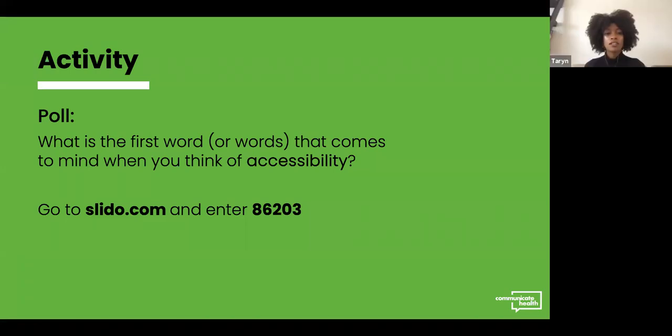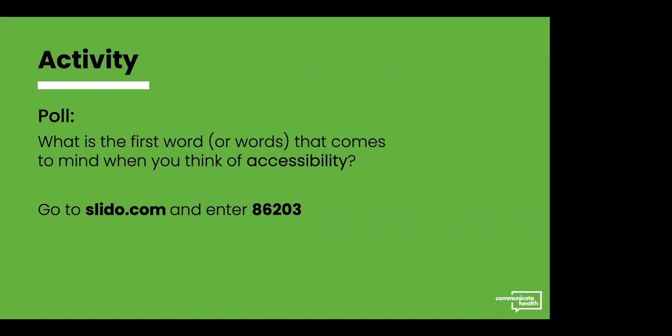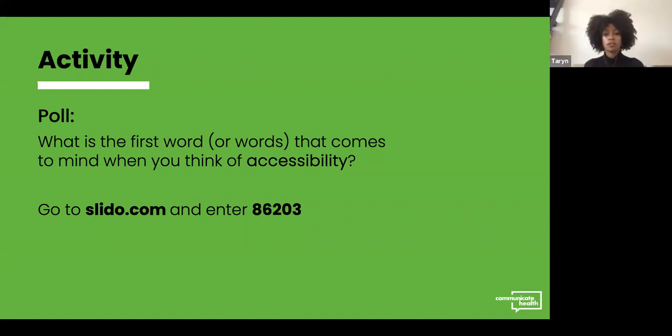And enter 86203. In doing that, we're going to create a word cloud and just see what some of those top words that we have in mind are. Let's give this a few moments to get our words in.